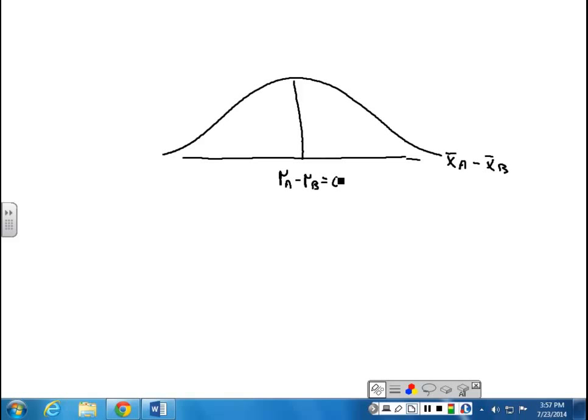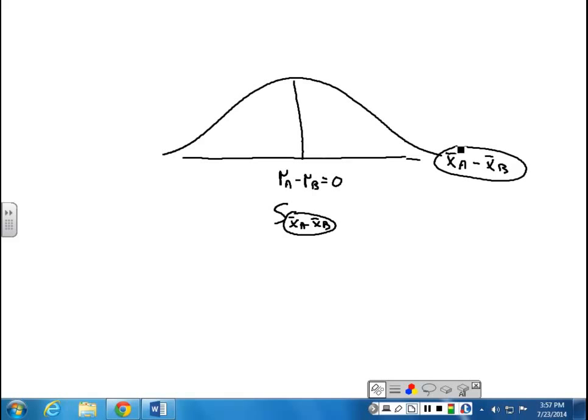That's one advantage of stating the null hypothesis in this way, mu A minus mu B is equal to 0. You know what number to put on here. In fact, it'll always be 0. I'm just going to put that we have some standard error, and I'm going to use the shorthand S of the x bar A minus x bar B. All this is a subscript that tells you what the sampling distribution is.